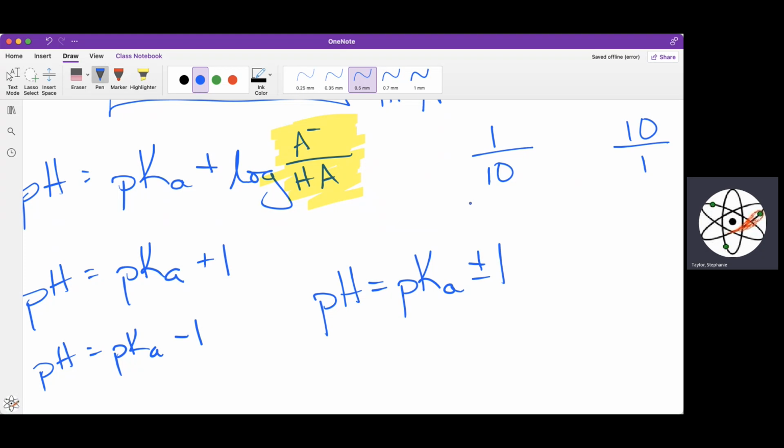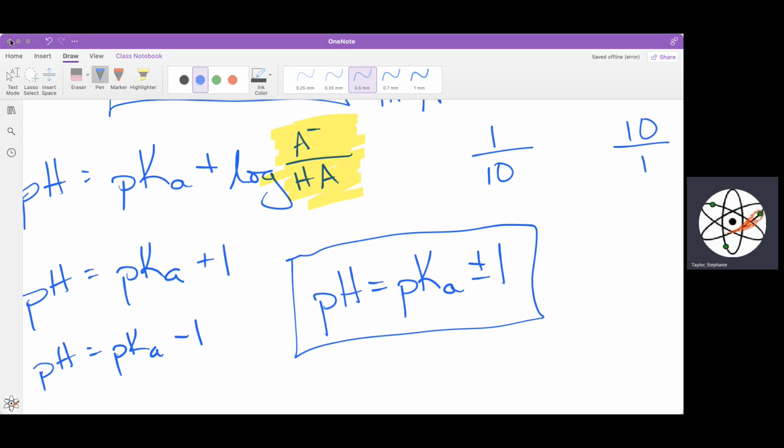I should be able to add either acid or base, and have enough of the weak species to combat either one of them. This is how we get there. So because pH is equal to pKa plus or minus 1, when choosing a buffer system, that plus or minus 1 idea is what we're looking for.